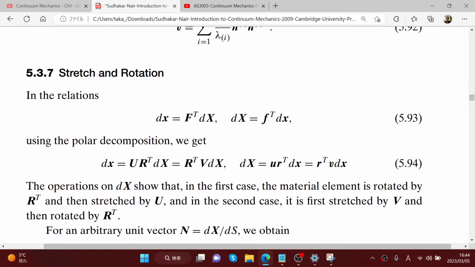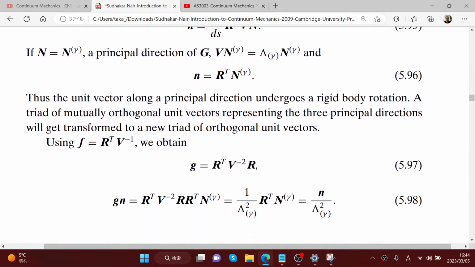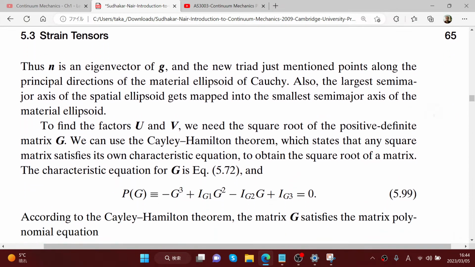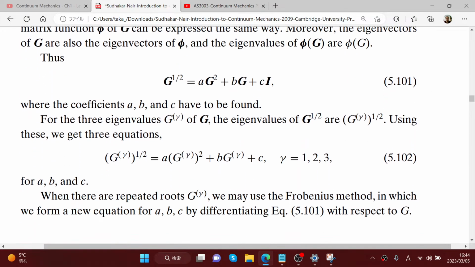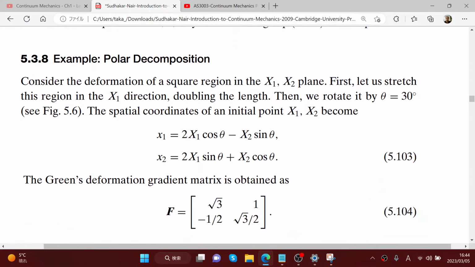Stretch and rotation. Polar decomposition.